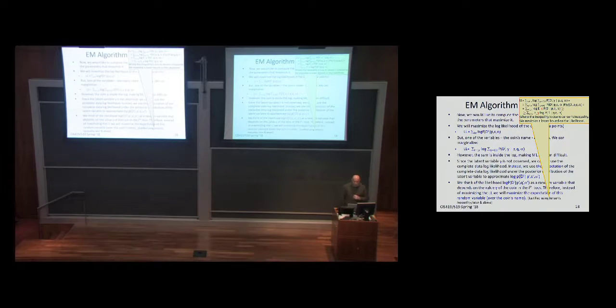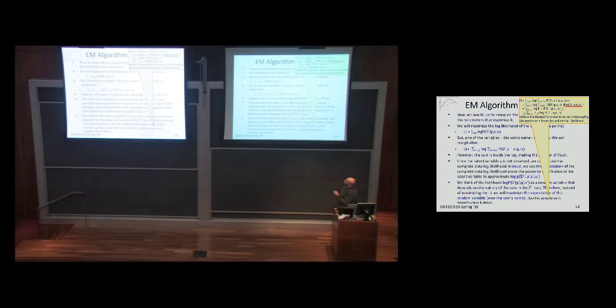I'm using an inequality that says the log of the expectation is always greater than or equal to the expectation of the log. Why is this true? Again, you don't need to know, but this is a graph of log. It's a concave function, right?